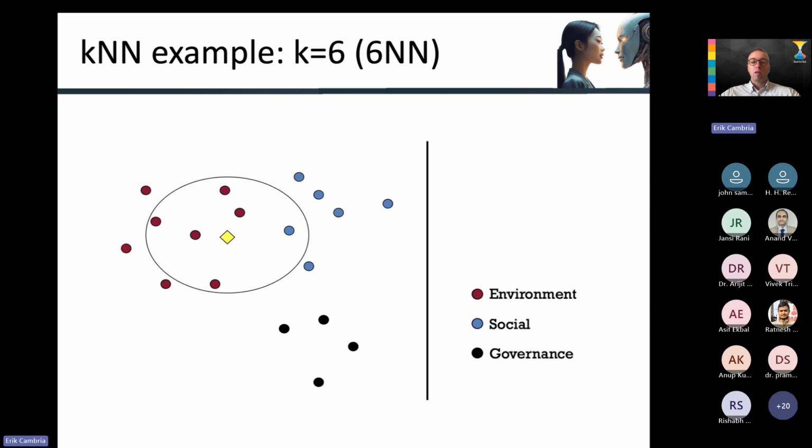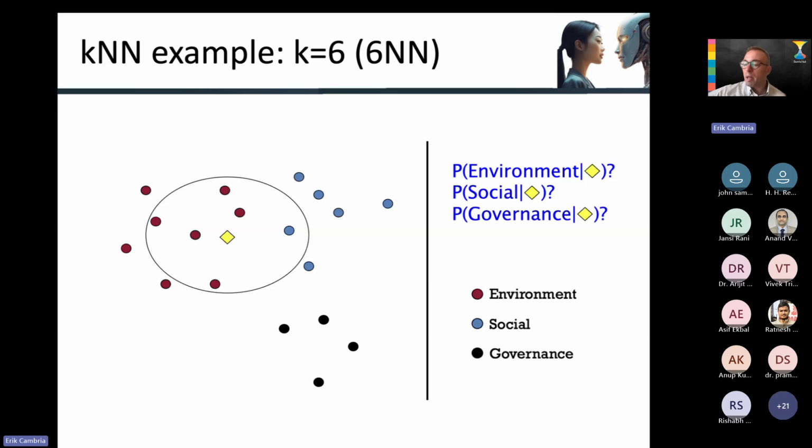So what I'm doing is calculating the probability of this document to belong to each class based on the number of neighbors that I get. So I can calculate, for example, again, a cosine similarity or a Euclidean distance to find out, for example, that 5 out of 6 neighbors belong to the class environment, and hence I may classify this new document as belonging to the class environment.